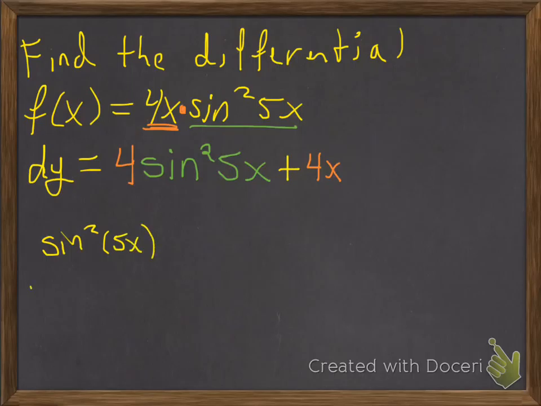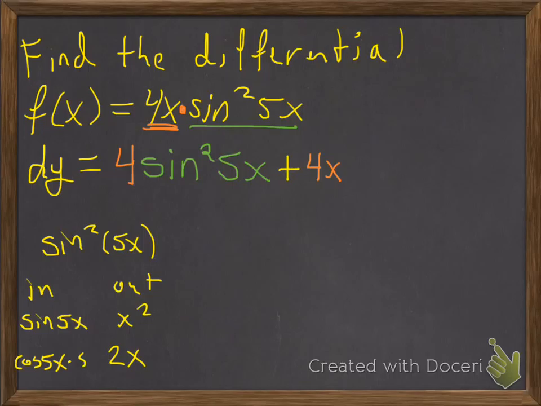So we can treat the interior as the sine of 5x, which is actually a composition in itself, and the outer function is the square function. Derivative of the outside is 2x, derivative of the inside is cosine 5x, and then by the chain rule times the derivative of the innermost part, which is the 5x, which has a derivative of 5.